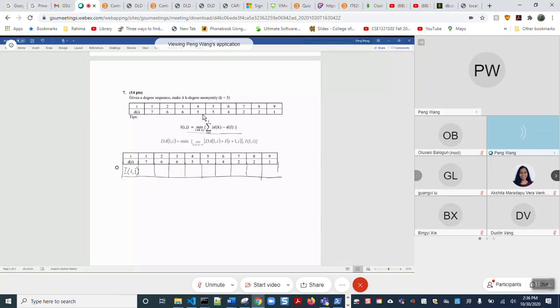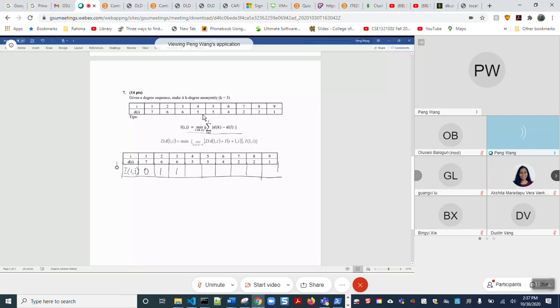For the first one, it is 0. For the second one, it is 1. And the third one is also 1. When calculating it, if we use the definition of this formula, we can calculate it more easily.